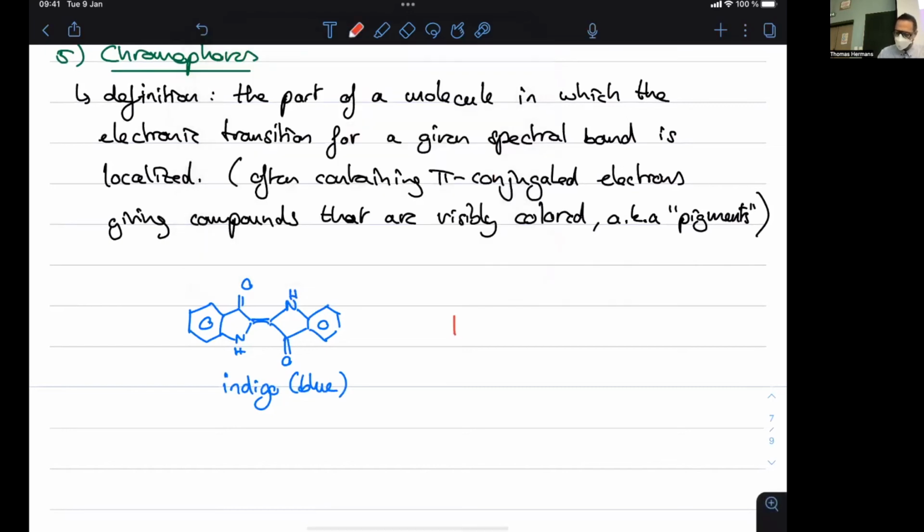And another simple one will be OH. This one is called alizarin, and this one will be red.